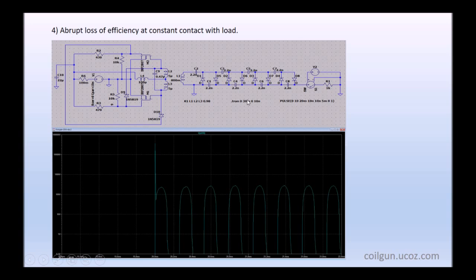Okay, and another conjunction disadvantage is that a multiplier abruptly loses its efficiency when it is constantly contacted with load. These are pulses on our load in logarithmic scale. Logarithmic scale is voltage here.